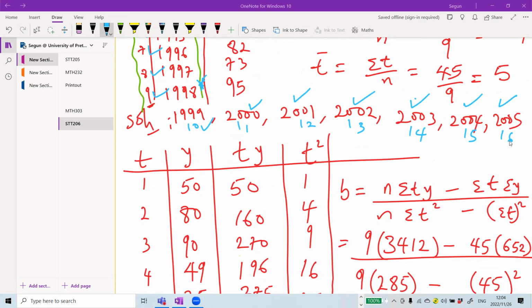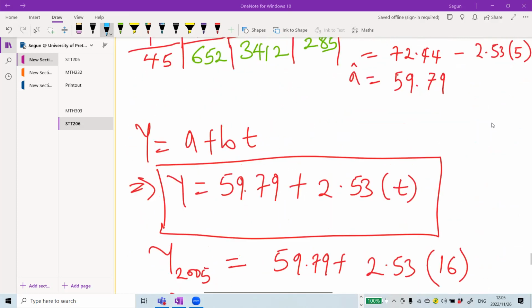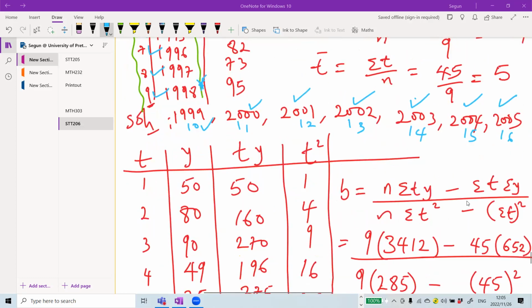We started from here: 2005 is 16, right? 2006 is 17. Wait, now 2005 is 16.